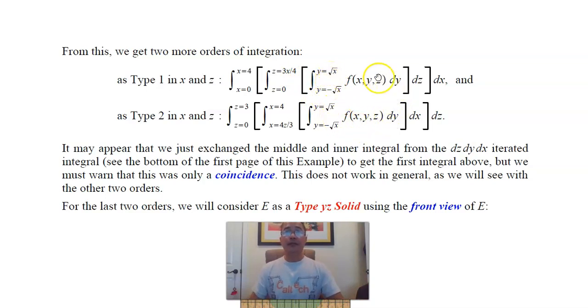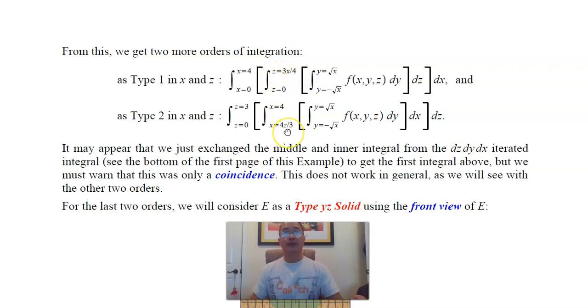Okay, so the inner integral stays the same in both orders because we're only exchanging the 2 outer differentials. So we said now z is going from 0 to 3, and as we scan left to right, x is entering at the plane. So solve for x from this equation.